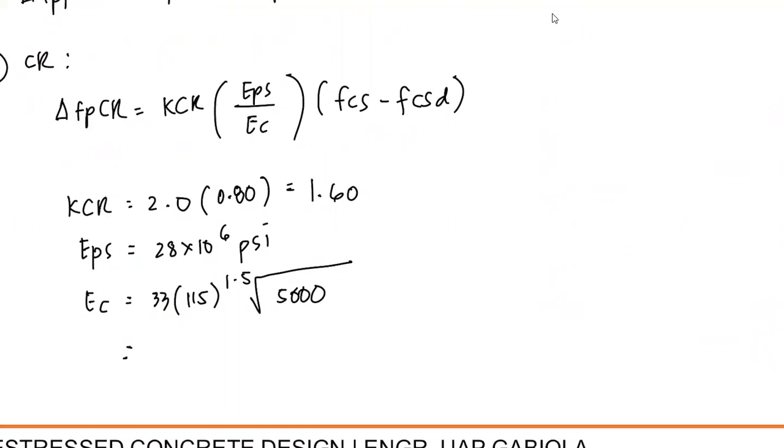That is almost 2.88, round up na natin. Value niya is 2,877,701.231 or pwede natin i-assume na lang na 2.88 times 10 to the 6 PSI.